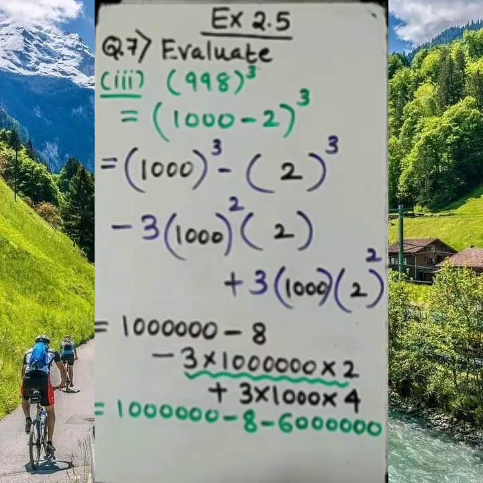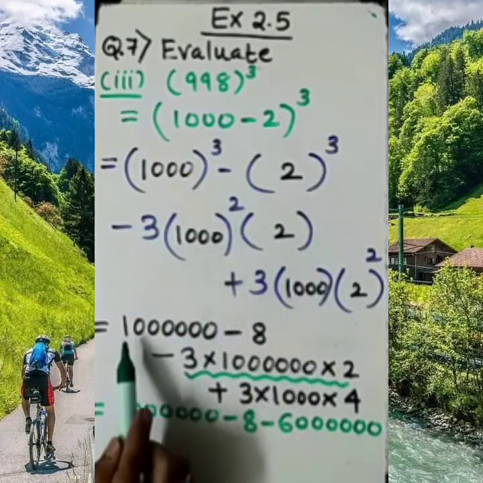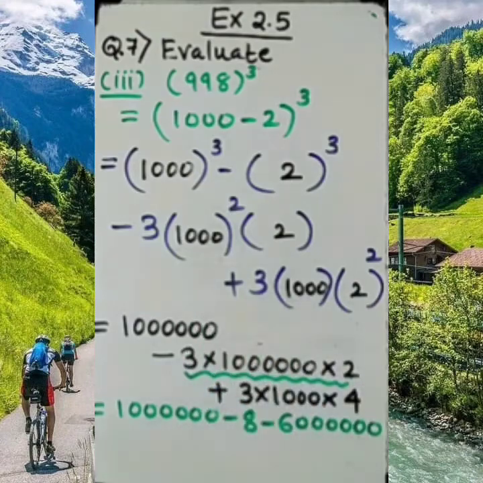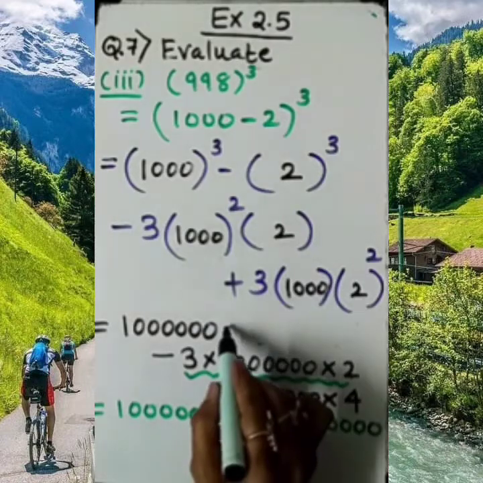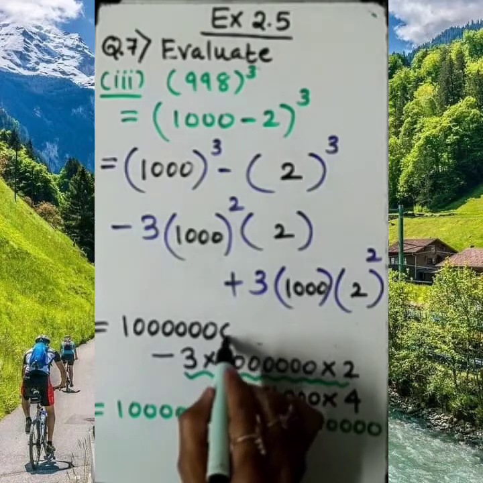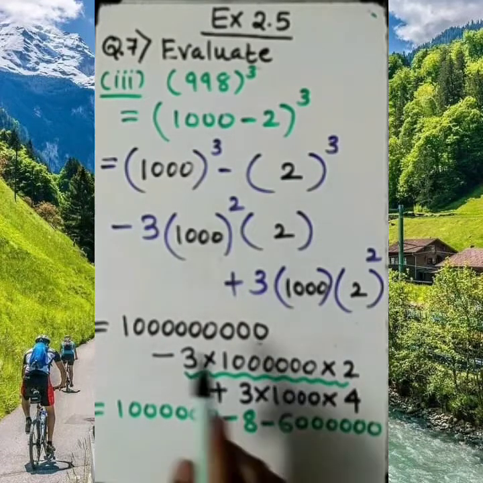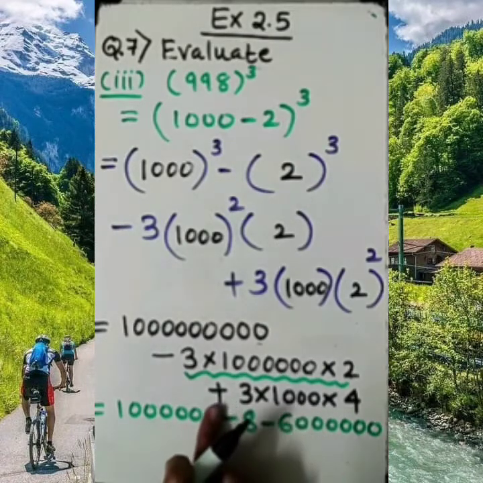One correction I have to do here, beta. Reason behind that, 1000 cube does not have 6 zeros. It will have 9 zeros, because 6 zeros is already the square. So I'm correcting here: 1, 2, 3, 4, 5, 6, 7, 8, 9. Clear to you? Here I have done the correction, you also do that. And here also I am correcting according to that.